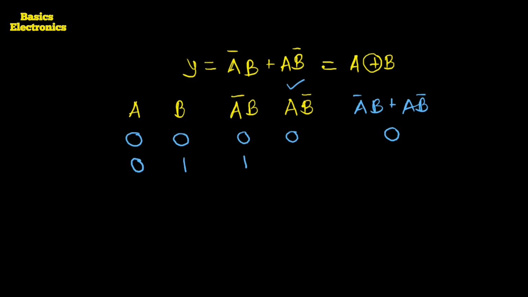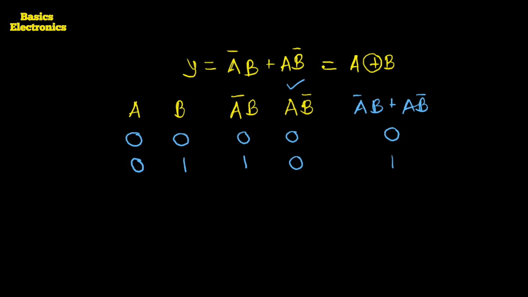Here again A is equals to 0, B bar is equals to 0, because B is equals to 1. So here we get 0. The final output is equals to 1, because 1 plus 0 is equals to 1.